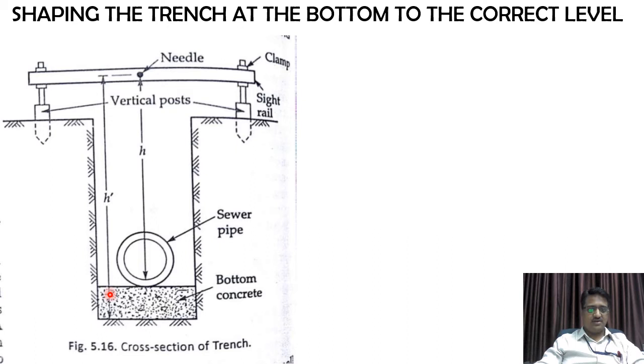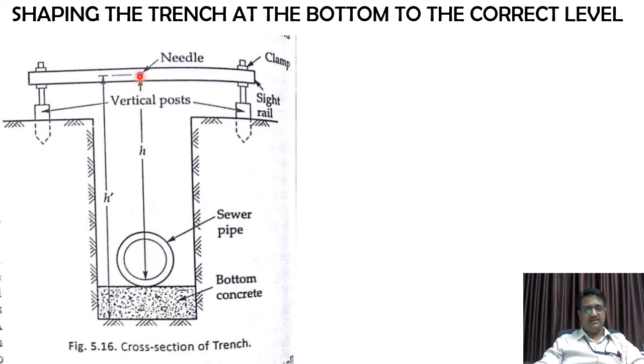This is your bed concrete, and this is the offset which is additionally required for the placement of pipes. To check this depth, they can have these pegs, vertical posts, which are connected to a horizontal shaft.